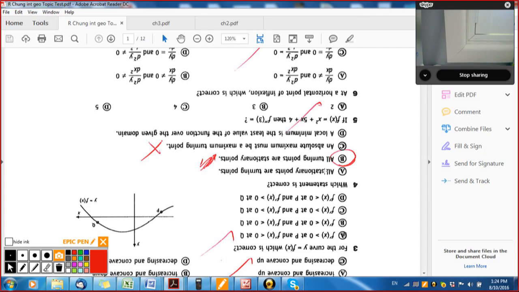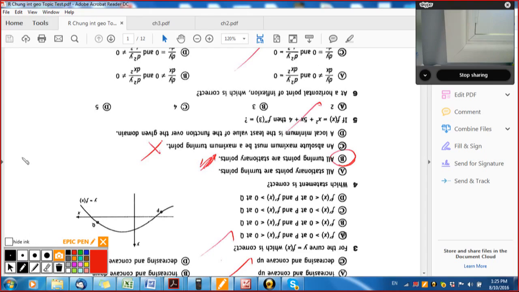Yes, when the first derivative is equal to 0. So is that going to be the case for a normal point of inflection? I don't think so. That's right. So what type of point of inflection is going to be a stationary point? A horizontal point of inflection.